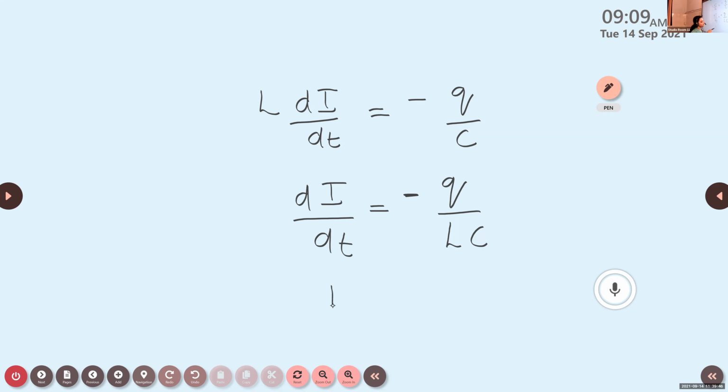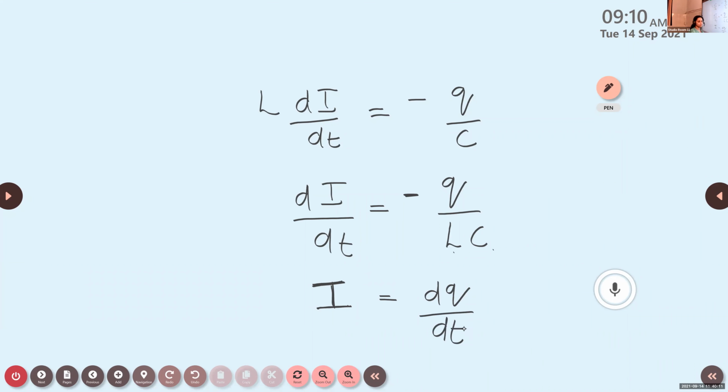Here we have di by dt, the rate of change of current, where I is the current, Q is the charge, L is the inductance, and C is the capacitance. Then what do you mean by current? It is the rate of flow of charge, or we can write I is equal to dq by dt.